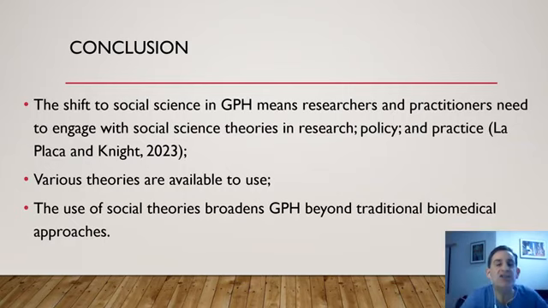Health is something which is there just to be studied, for example, through externalities, through observation. If we're going to look at health inequalities, inequalities between people, how society creates inequalities, we need to move towards social science theory. And I've articulated some theories which are available to use.